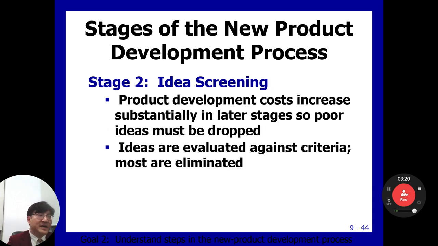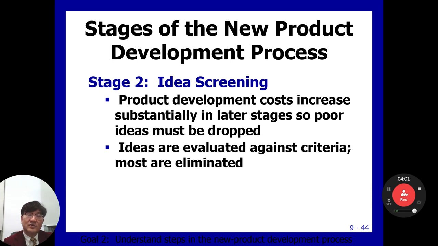But you cannot move all these new ideas to the next stage, because you are going to need a lot more money to proceed in the later stages of new product development. So after you get some ideas for the new product, you need to screen out the unsuccessful ideas. If you want one single criterion for idea screening, I have to say it is feasibility: whether this product or idea can be feasible in the market.